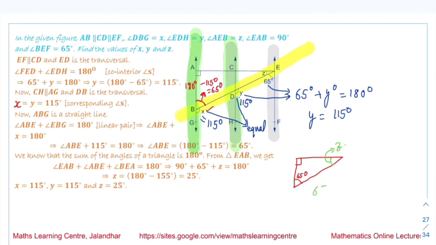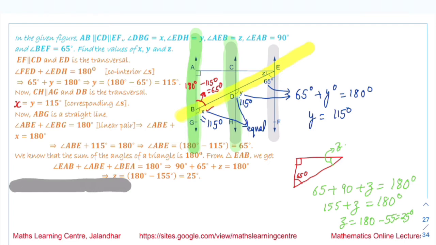So we get 65 plus 90 plus Z equal to 180 degrees. So 155 plus Z is equal to 180 degrees. So the value of Z you will get is 180 minus 155, that is equal to 25 degrees. So these are the values of X, Y and Z that we have.